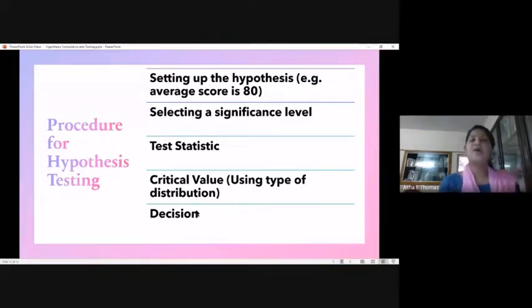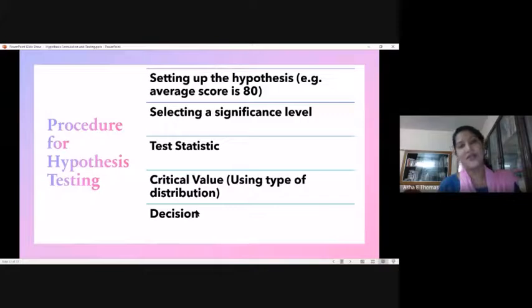And then based on that, we will have the critical value. As I showed, I had taken the critical value from the Z table. Likewise, you will take the critical value, which decides the possibility of committing the error. Finally, this value is compared with the hypothetical value.